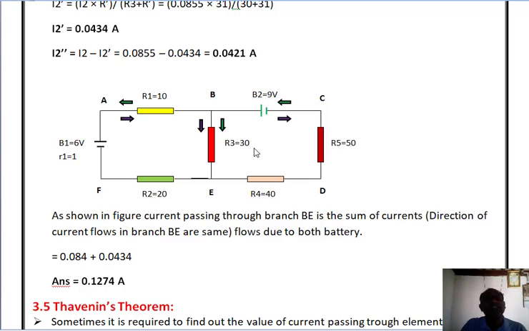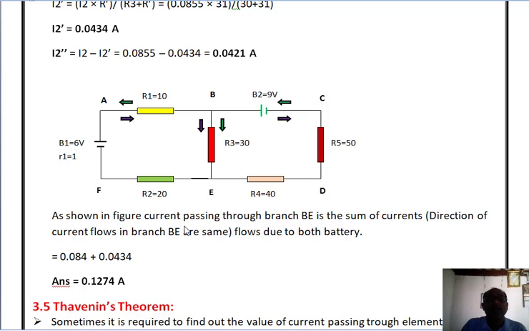So here we are interested in finding the value of current passing through this 30 ohm resistance, because we have the value of current due to both voltage sources. The direction of current due to both voltage sources is the same, so we can add.